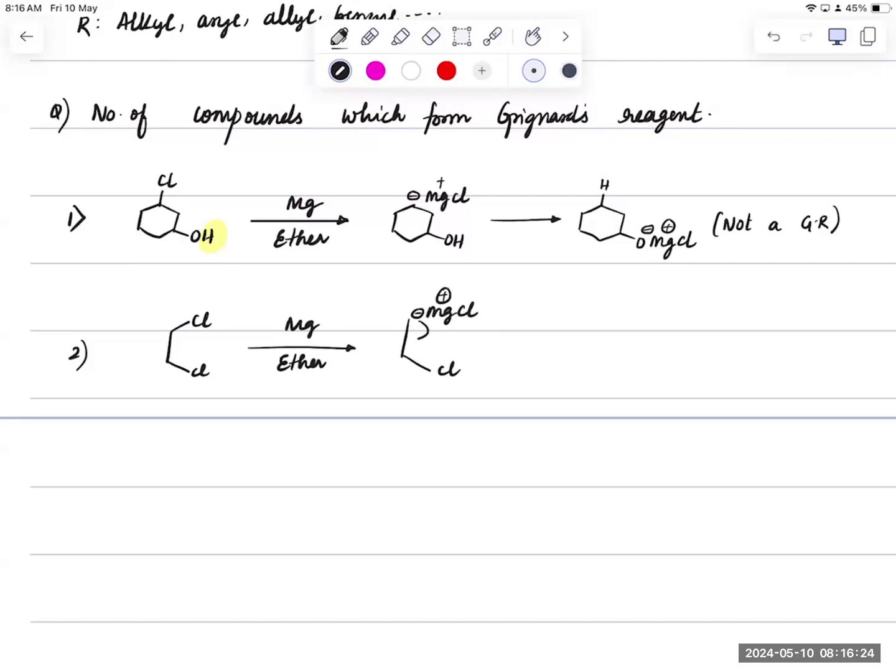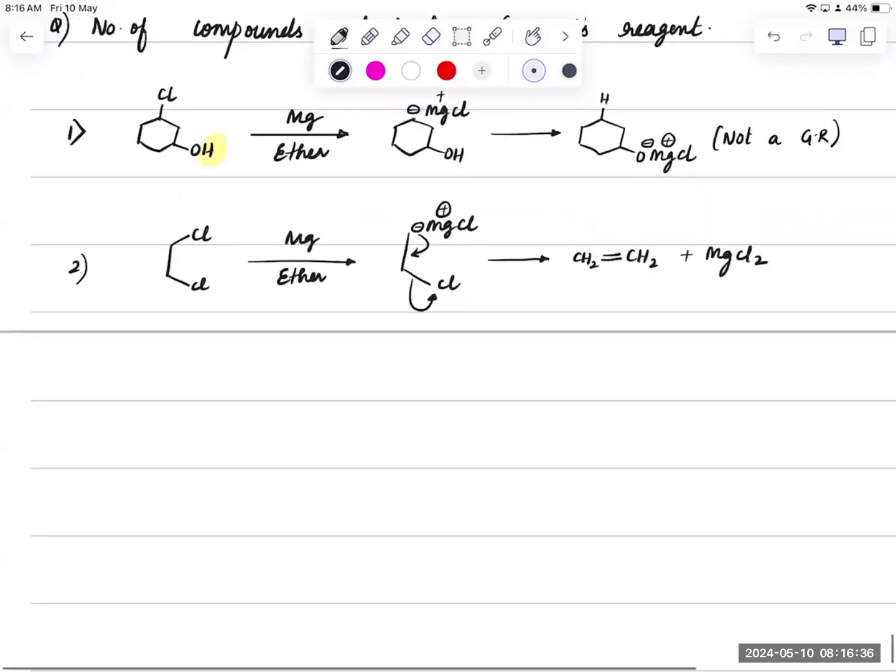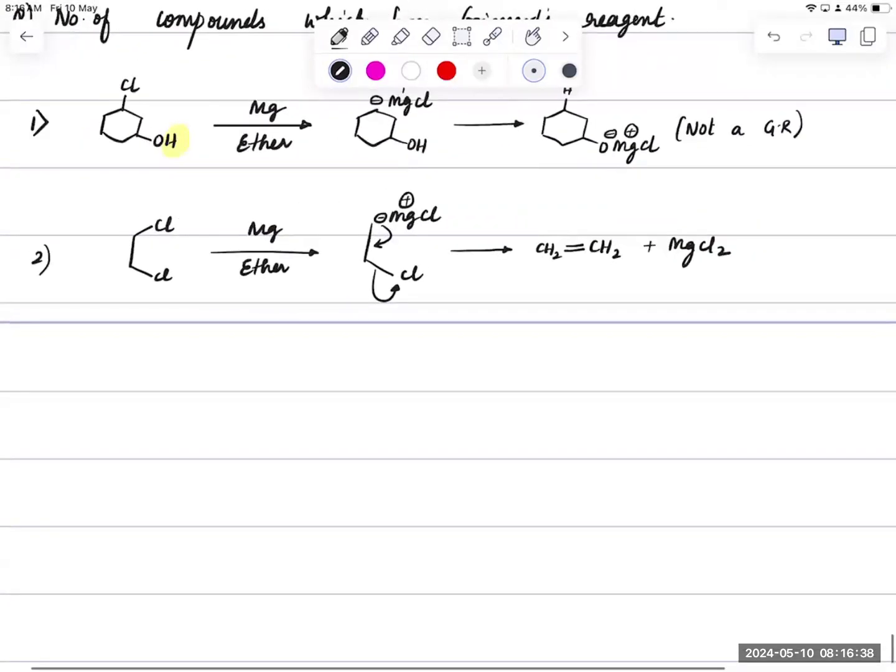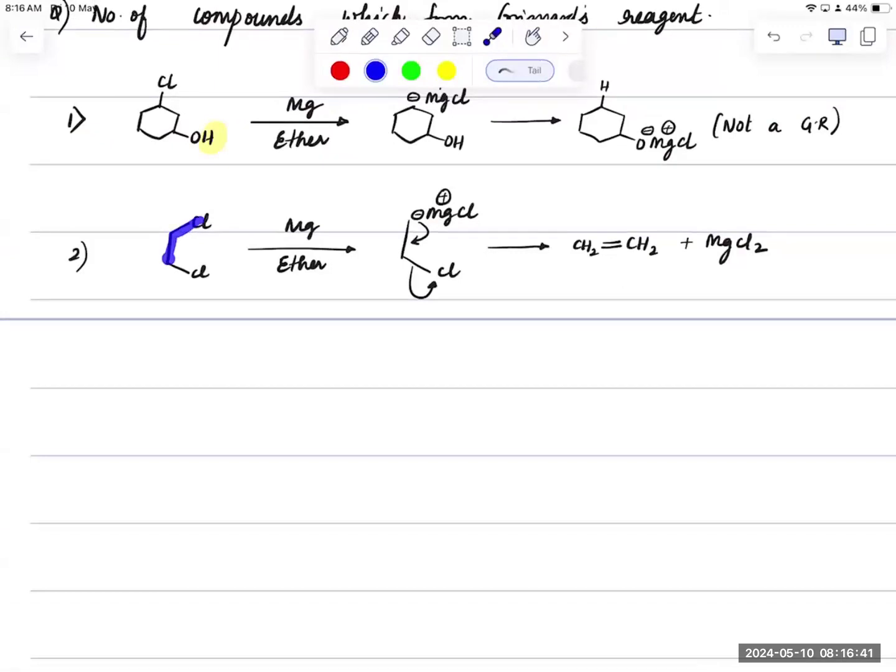So internally, this negative charge will push and try to remove this chlorine. Thereby, we will actually get CH2 double bond CH2 plus MgCl2. So we are not getting a Grignard's reagent here either. Clear? So if you have two chlorides, two bromides adjacent to each other, then also no Grignard's reagent is formed. Okay.